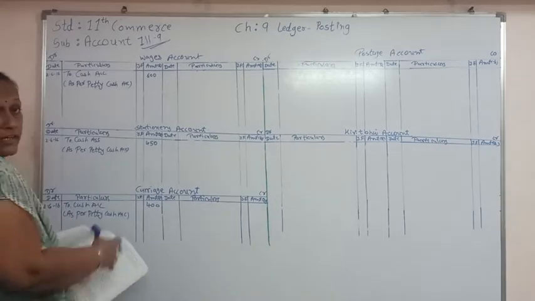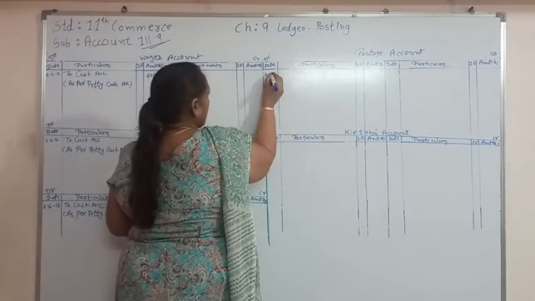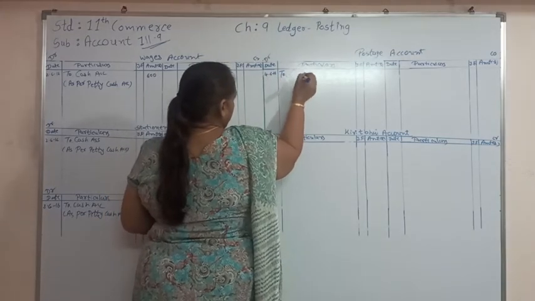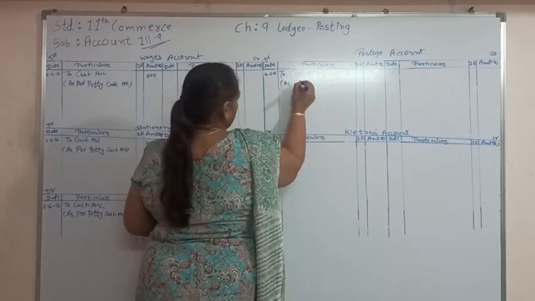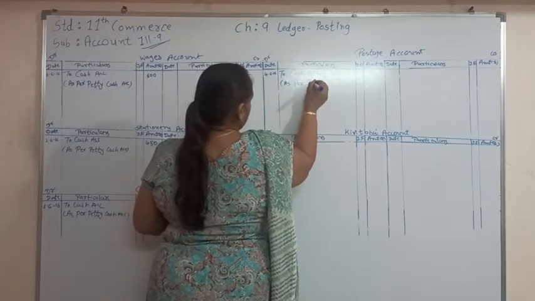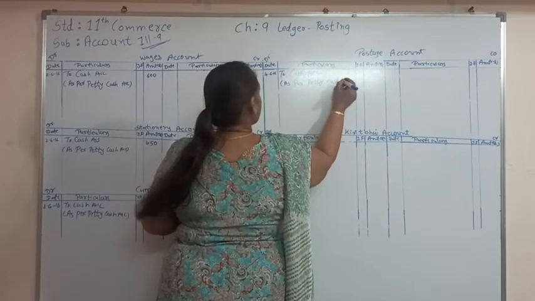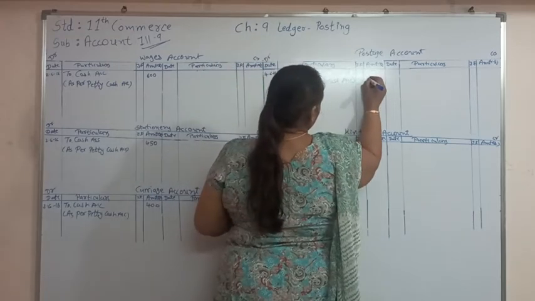And again on the debit side of postage account, date will be 4/6/16, to cash account as per petty cash book, and the postage amount will be 250.